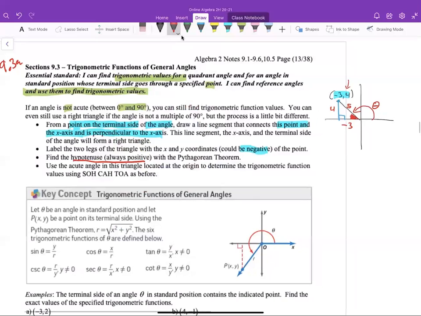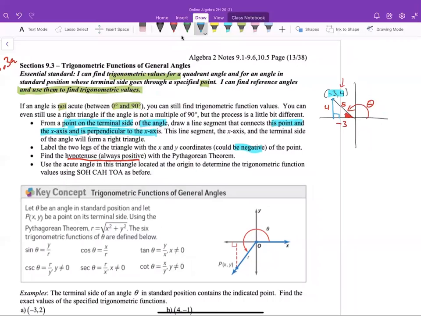Then we're going to use that little reference angle that I have inside, and we will use that reference angle and find our trig functions. So for example, I'll call that reference angle beta, but actually, I'm going to say sine of theta, because the value that I'm finding, even though I'm using my reference angle, will be the same sine value of theta, okay?